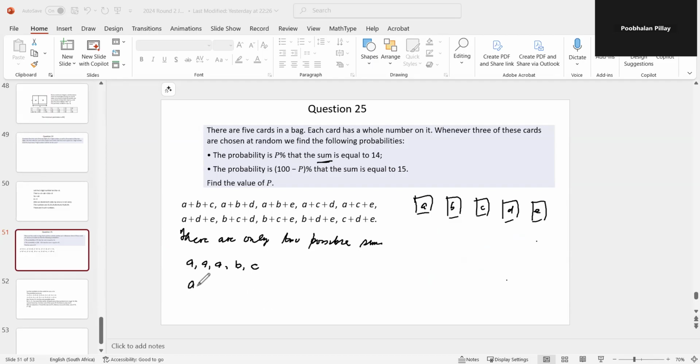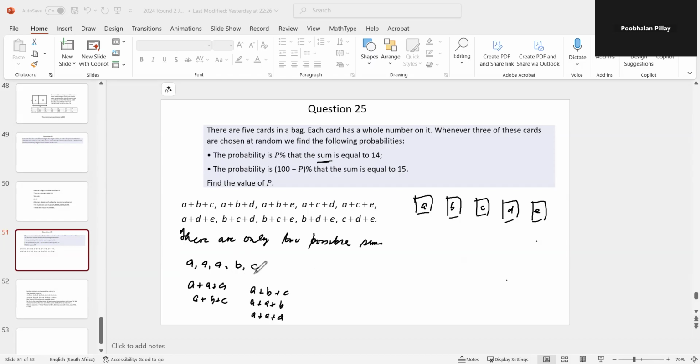You're going to have A plus A, and A plus B plus C, and A plus B, and A plus C. These will all be different, as you can see quickly, because A is not equal to C, so these two will be different, and those two are also different, because B is not equal to A. So you have three different sums.